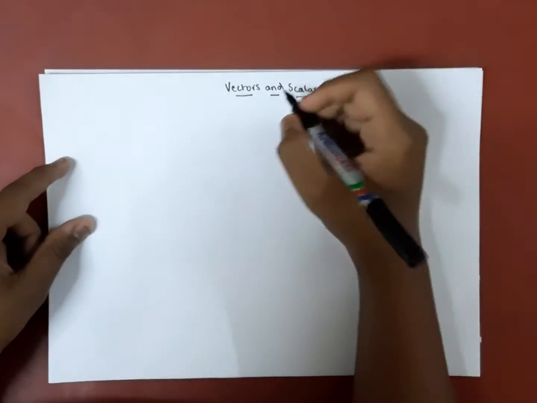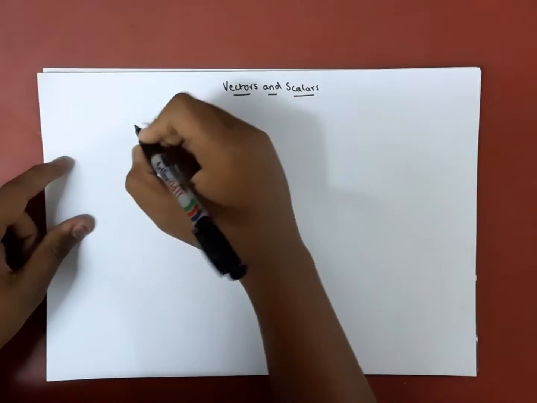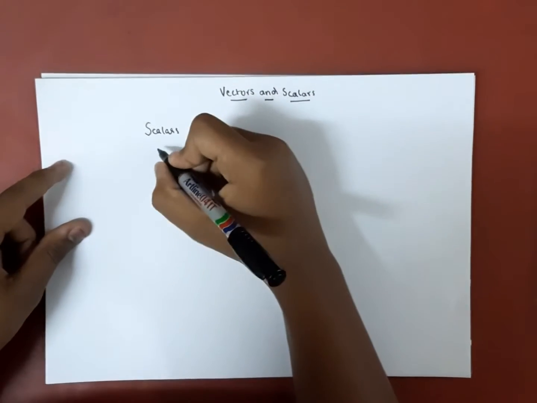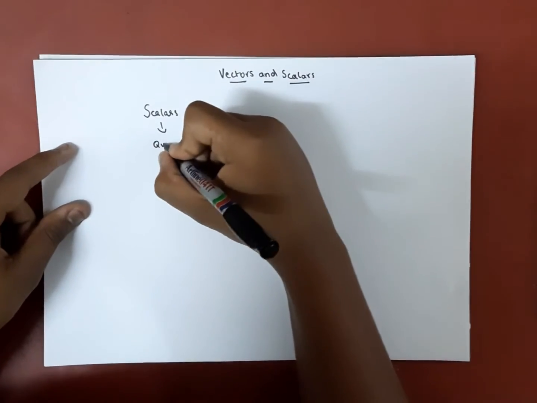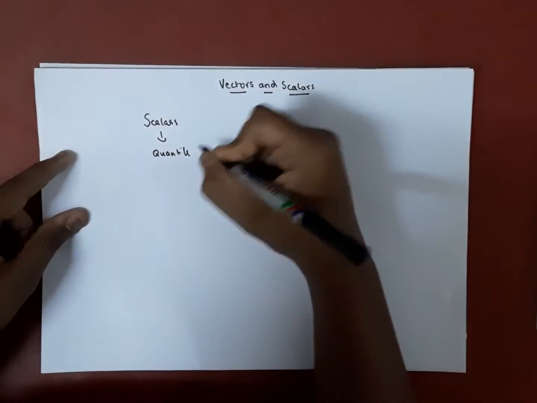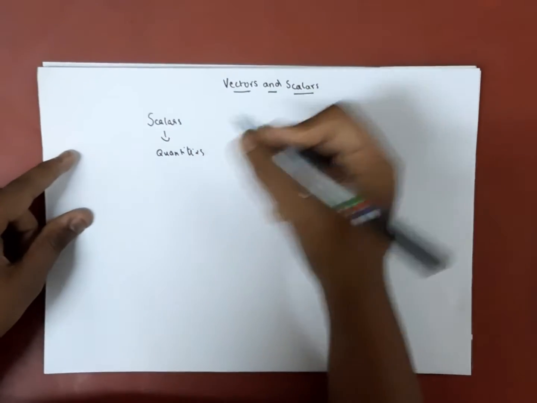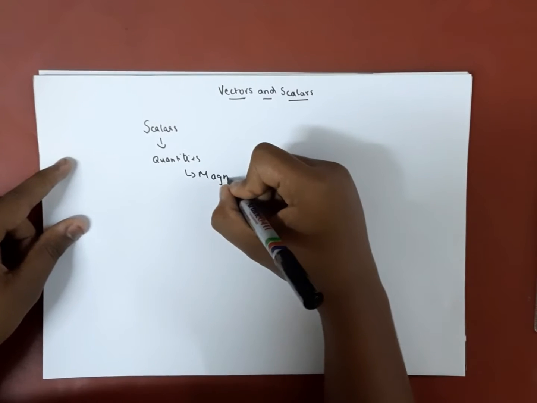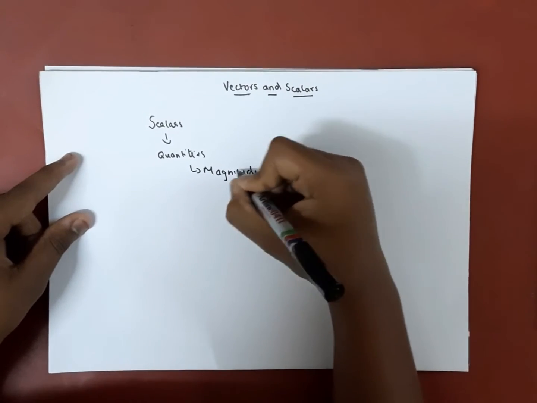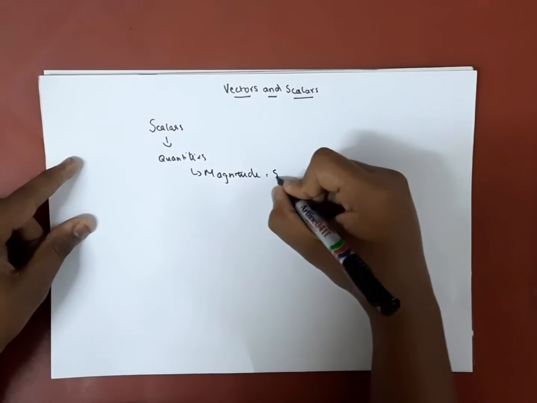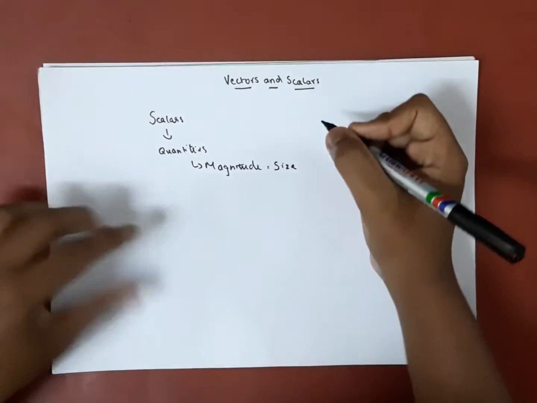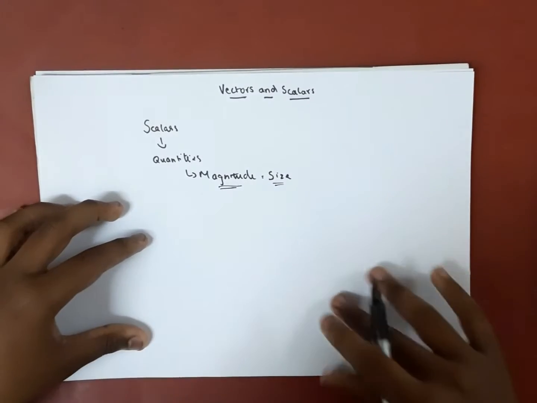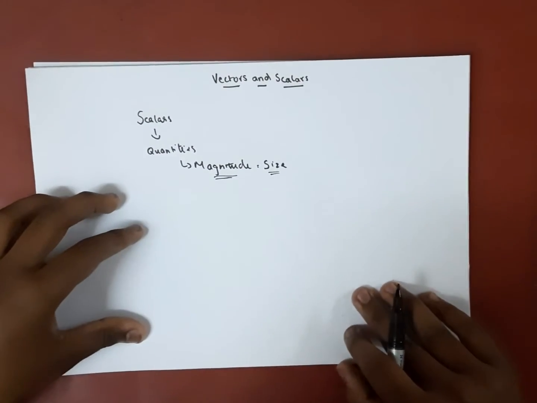So firstly, let's look at what are scalars. Scalars are quantities with only magnitude. Magnitude is also referred to as size, but when you go more professionally, you say magnitude rather than size. So let's consider an example.